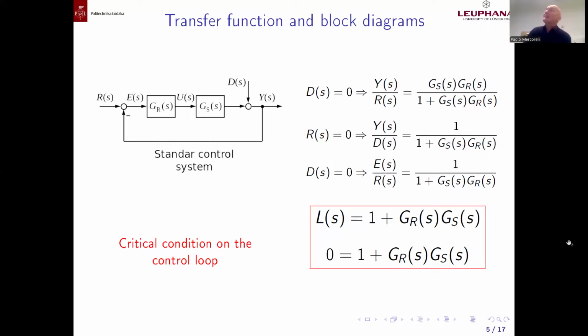We can characterize the stability of a system through the position of the poles. I will come back to this later. But assuming this hypothesis, we already assumed when we calculated the limit for s equals 0, which is equivalent to the limit for t to infinity, that the limit exists and is finite.